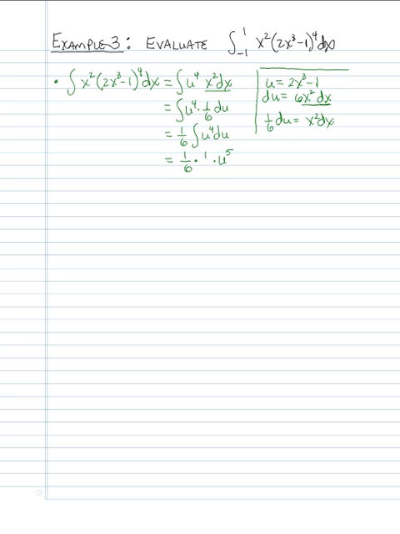But we have to multiply that with the reciprocal of the new exponent. And so we end up with 1/6 times 1/5, of course, which is 1 over 30, and u to the 5th. But u was 2x cubed minus 1, and of course to the 5th power.